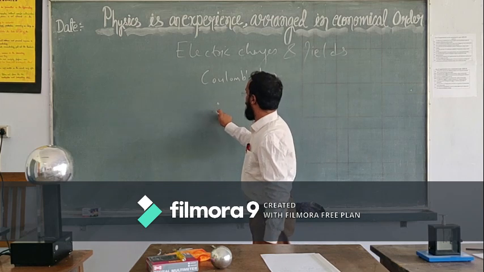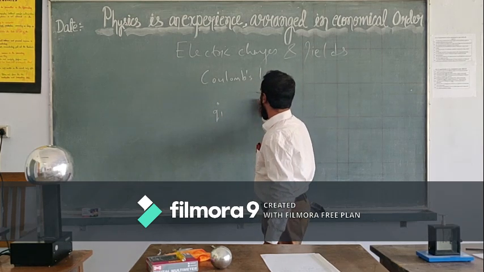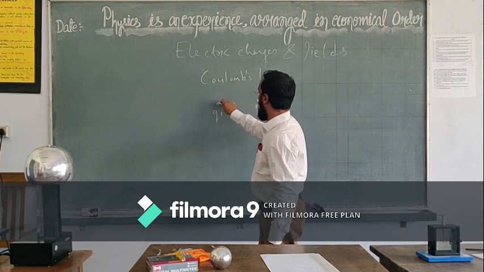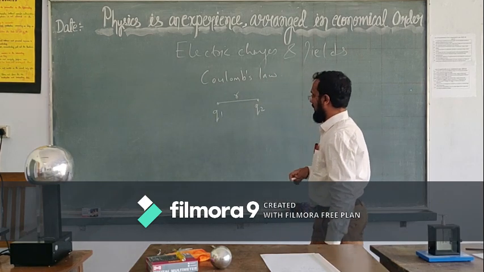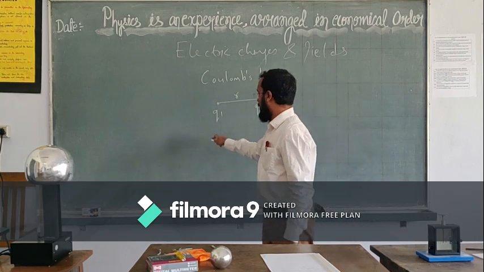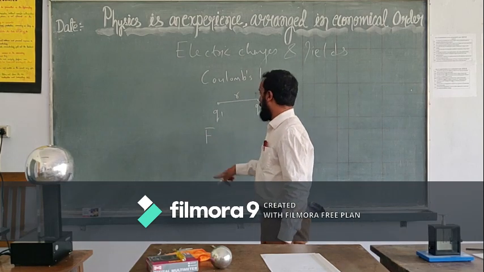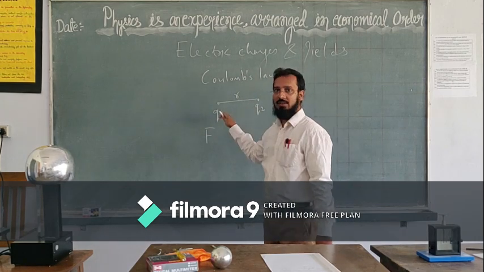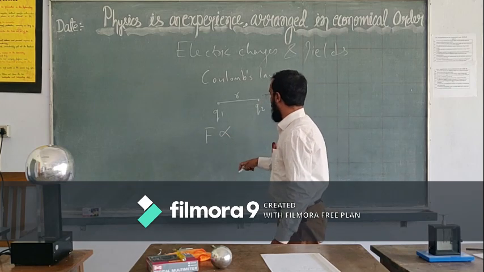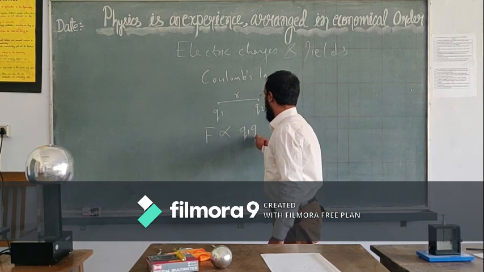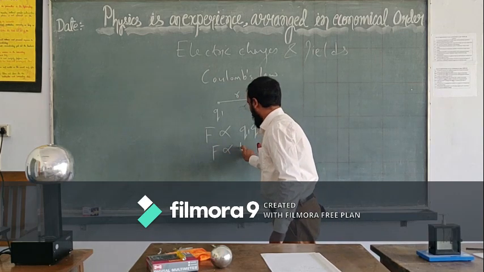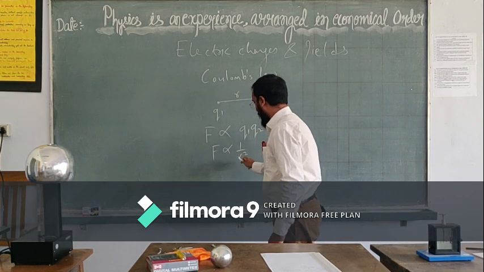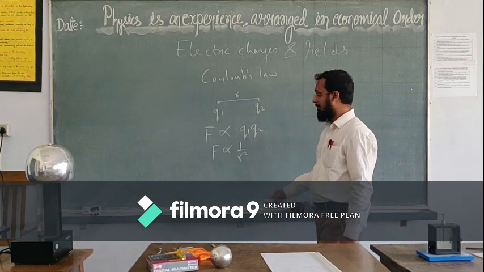If I have two charges, let us say Q1 and Q2, separated by some distance, let us say R, then according to Coulomb, the force between these two charges is directly proportional to the product of charges, and it is inversely proportional to the square of the distance between them.